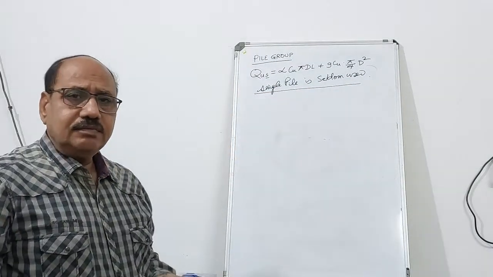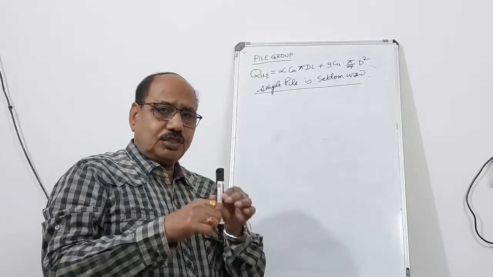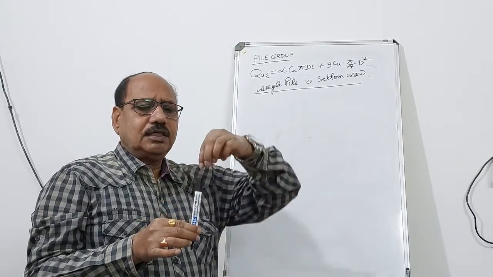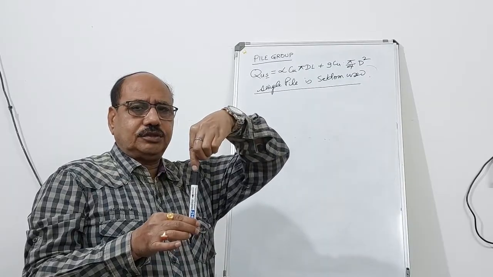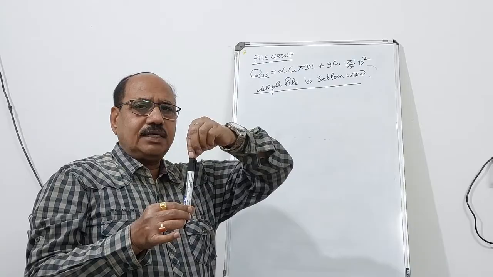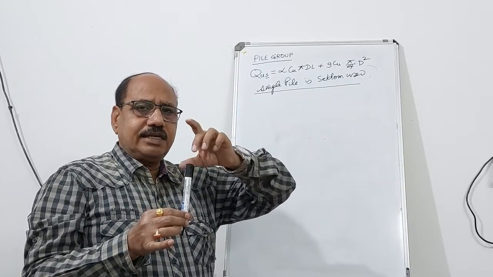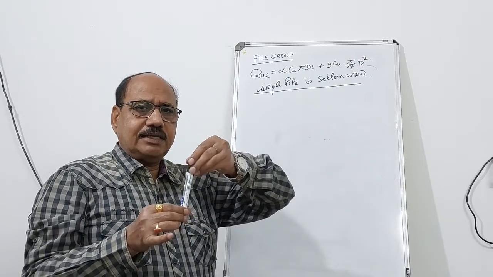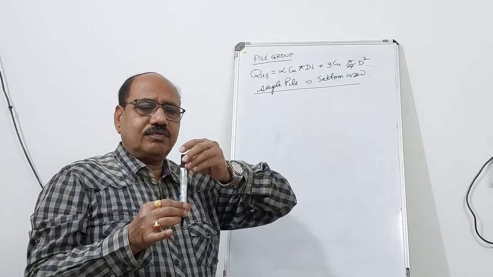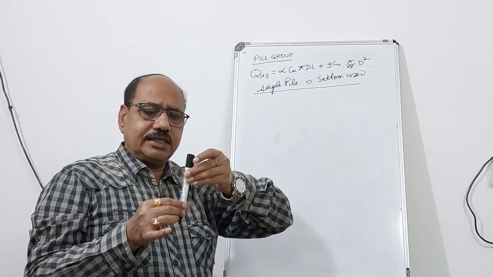The reason being that if you use a single pile in the ground, the axial load is not going to meet with the CG of this pile. As a result, there will be eccentricity and there will be flexural forces. Flexural stresses will get generated into the pile.